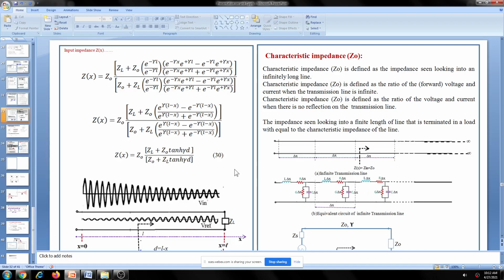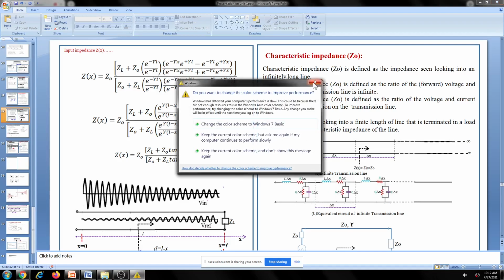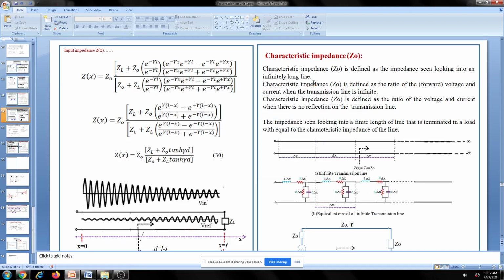Is it audible, cursor movement? Sorry, cursor movement is visible? Yes, ma'am, it is visible. Okay. Kavya? Kavya? Hello? Kavya is present? Yes, ma'am. Cursor movement is visible?